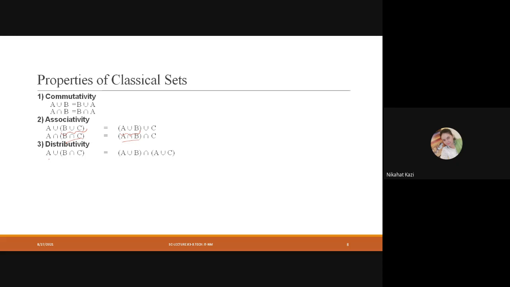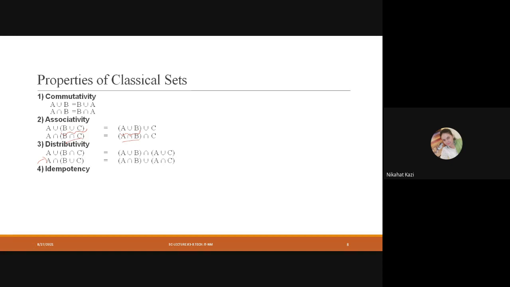So A union of B intersection C is equivalent to A union B, you distribute it, intersection A union C. Similarly, the other way around, you are distributing intersection over union. So this is the distributivity property of classical sets.